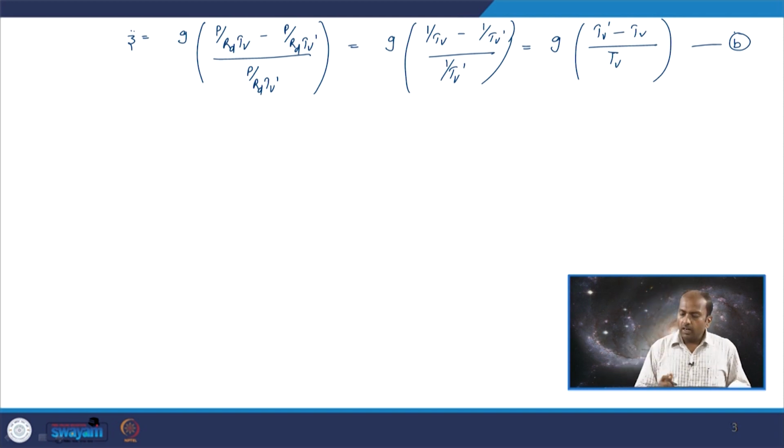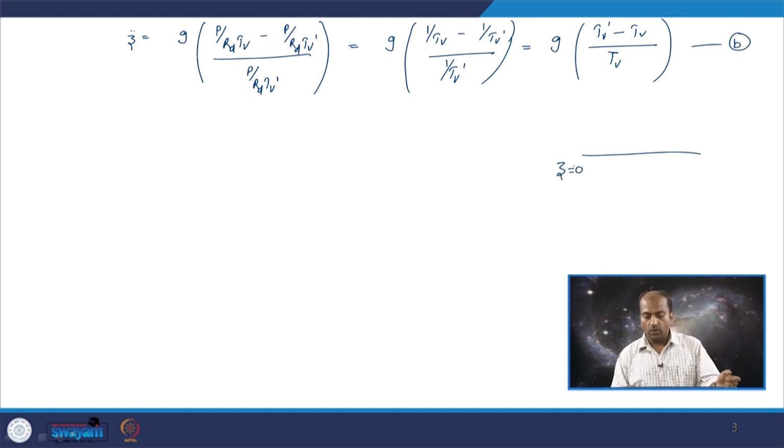Now let us assume the air parcel is situated at Z equals 0, the position of the air parcel at T equals 0. The basic idea is, if you displace it by applying an external force, or if there is an imbalance between the vertical pressure gradient force and the gravity, the parcel will move.